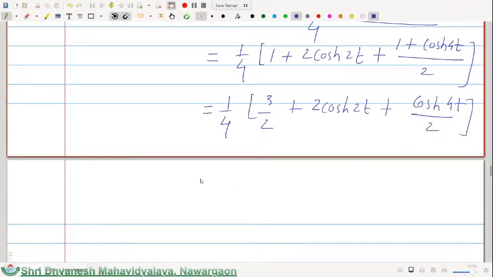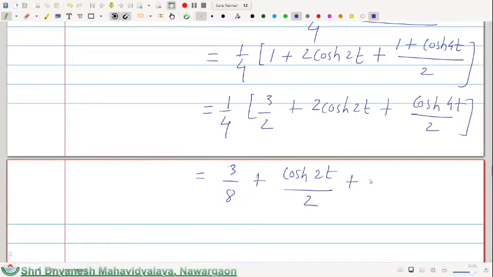Now open this bracket because we will use the linearity property of Laplace transform. Opening this, you will get 3 by 8 plus cosh 2t upon 2 plus cosh 4t upon 8.